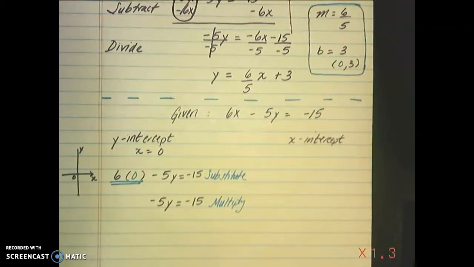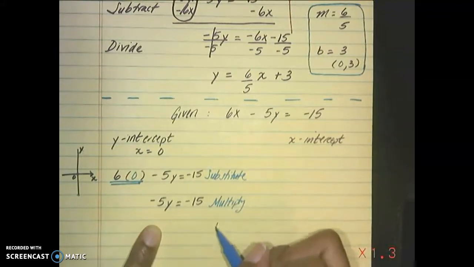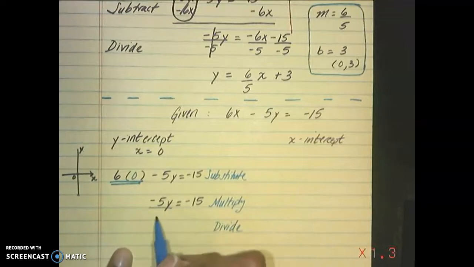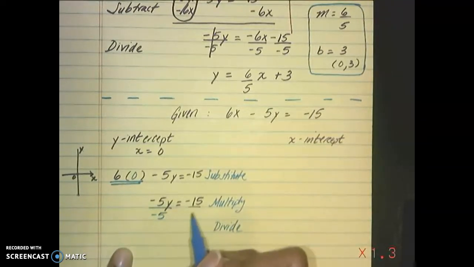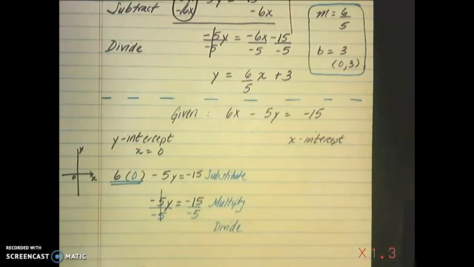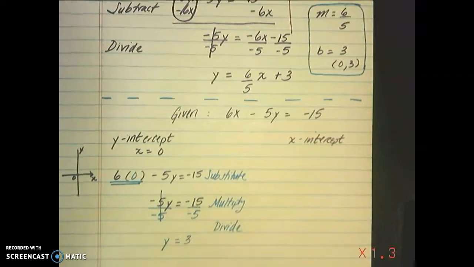That negative 5 is being multiplied by y, so I'm going to divide both sides by negative 5. If I divide by negative 5, I end up with a 1 there, and 1 times y is just y. So from those few steps, I know that y is equal to positive 3.